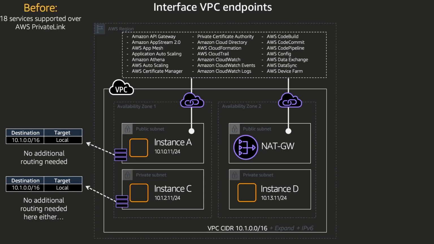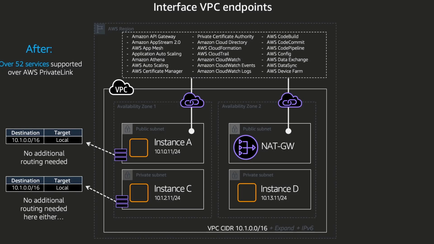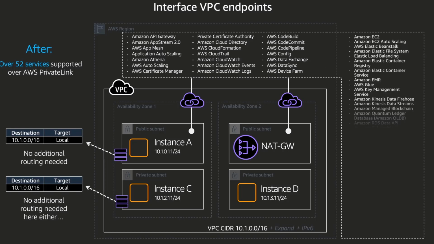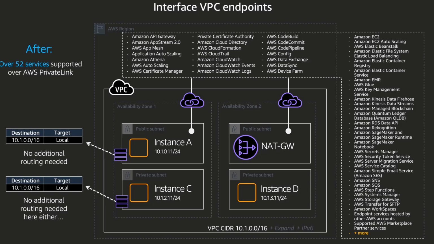Previously, we had about 18 services that were supported over PrivateLink, which is quite a lot. But in the last 12 to 18 months, we've been pretty busy with VPC endpoints, and we now have over 52 services that you can drop into a VPC privately using PrivateLink. This is actually awesome.